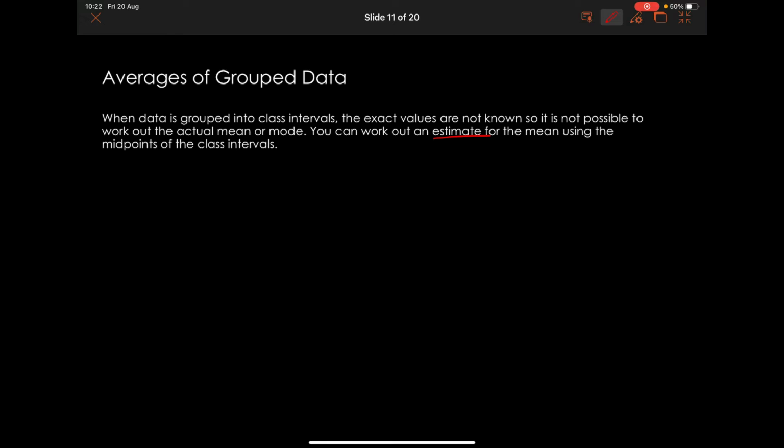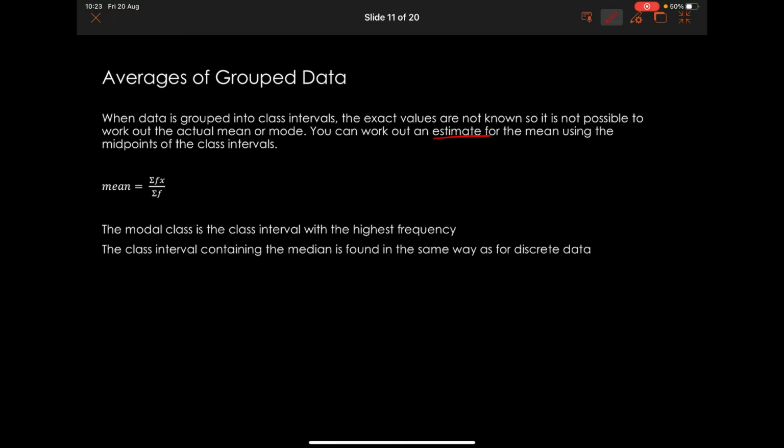That sounds very confusing, but we're going to use exactly the same formula we've just used. The modal class is the class interval with the highest frequency, just like we've just said. So size 5 was the modal value, the mode, because it occurred most times. It occurred 22 times. The mode isn't 22, the mode was size 5.